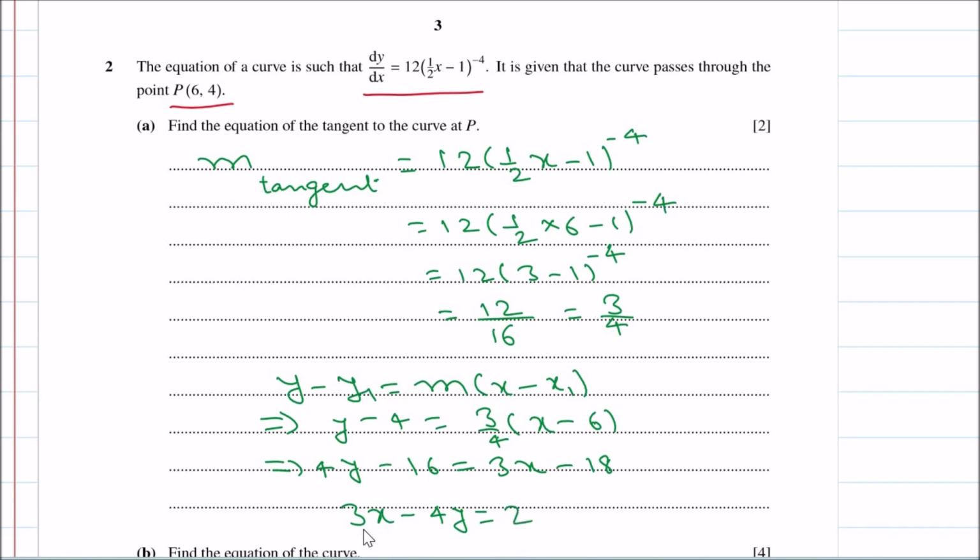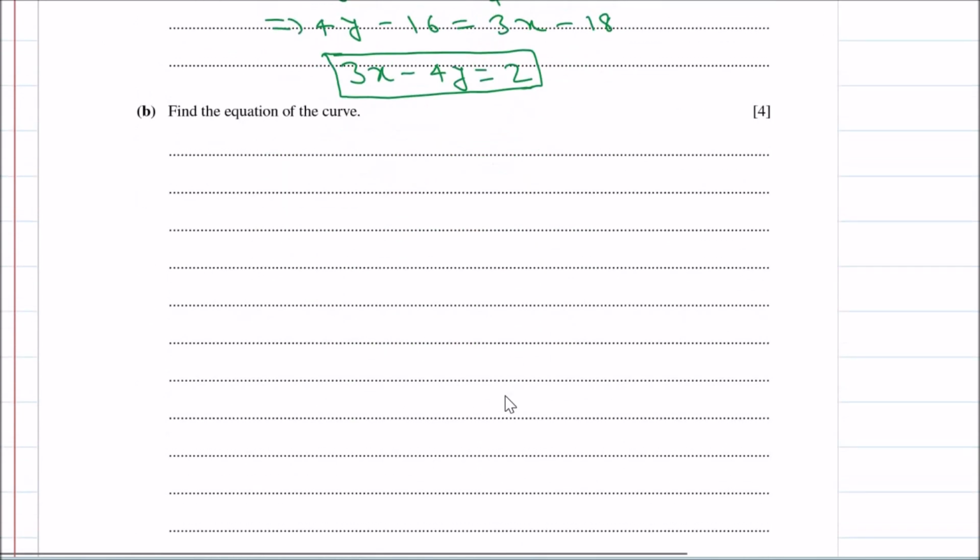This is the answer in standard form. Here no form is mentioned, so we can write it in any form. But sometimes they mention the form, so we need to write in that particular form, whatever they are asking for. So our answer is 3x minus 4y equal to 2. Okay, let's go to the next part of the question.